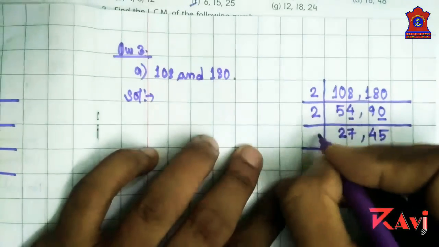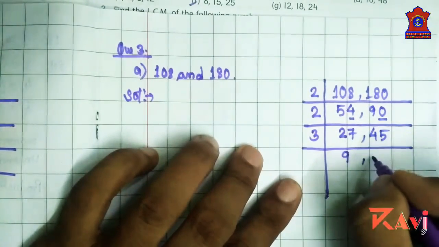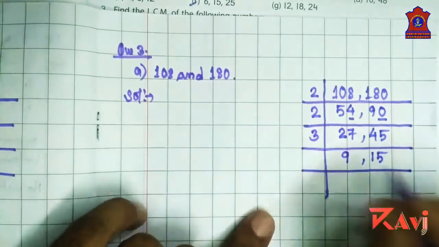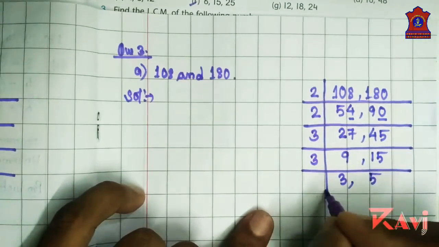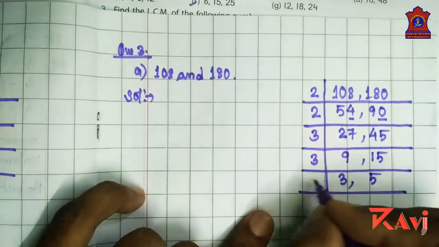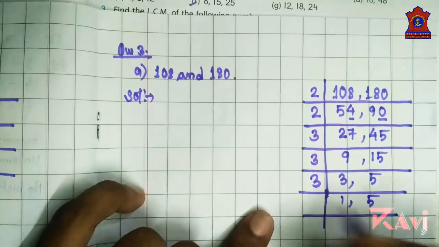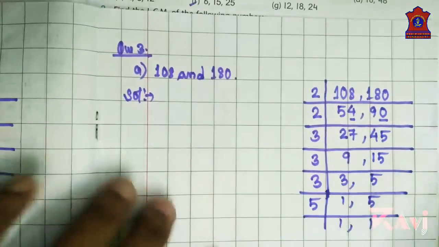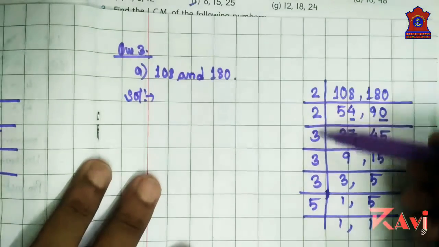So take 3. 3 9s are 27, 3 1s are 3, 3 5s are 15. Again 3 3s are 9, 3 5s are 15. Clear? 3 1s are 3, 5 will remain 5, and now 5 1s are 5. Clear? So we have got these as prime factors.